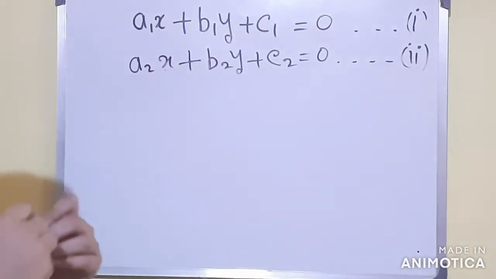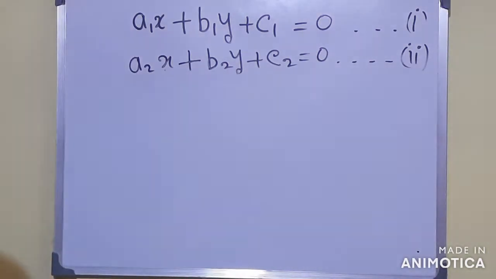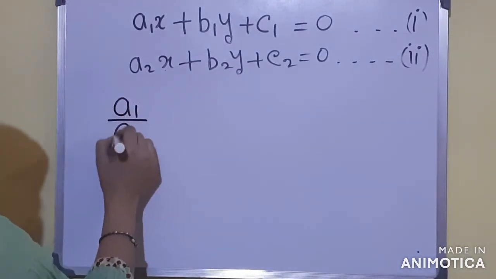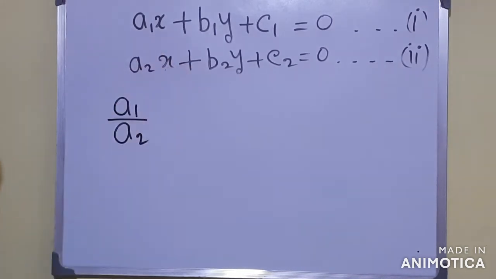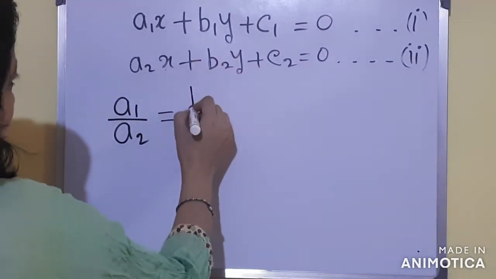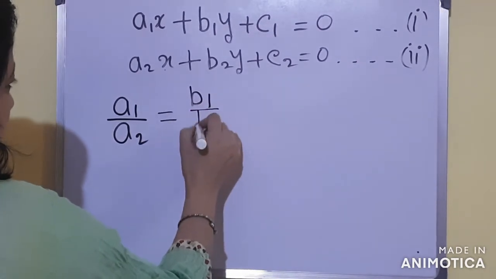Now we will make three ratios with these coefficients. How? We will make one ratio with the coefficient of x, means a1 by a2. We are making another ratio with the coefficient of y, that is b1 by b2.